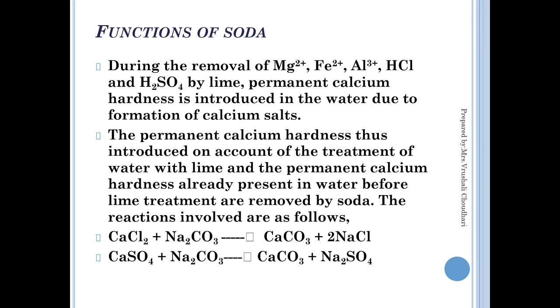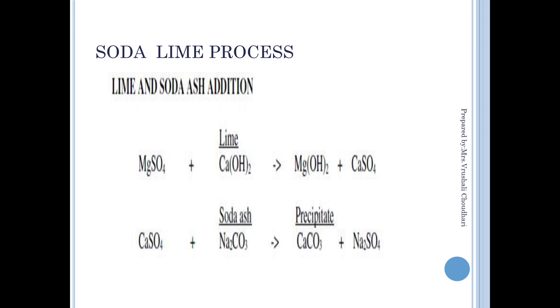The permanent calcium hardness is due to the chloride of calcium and sulfate of calcium and magnesium salts. So we add soda, that is sodium carbonate. It is converted into insoluble calcium carbonate, and the sodium salt is converted into sodium chloride.